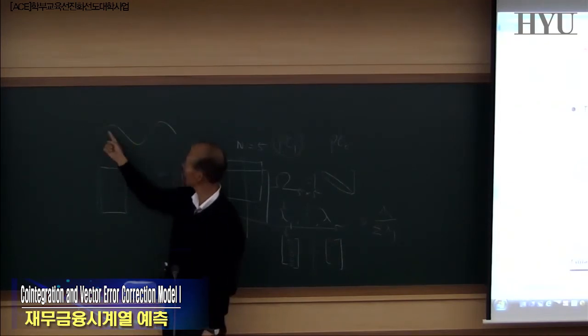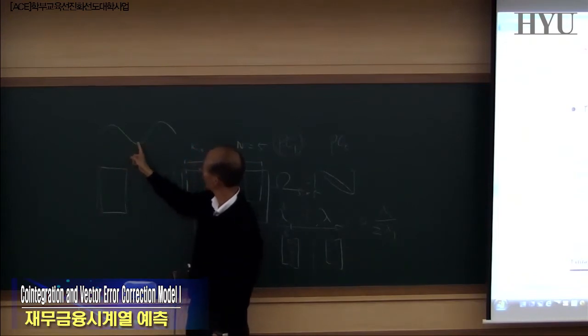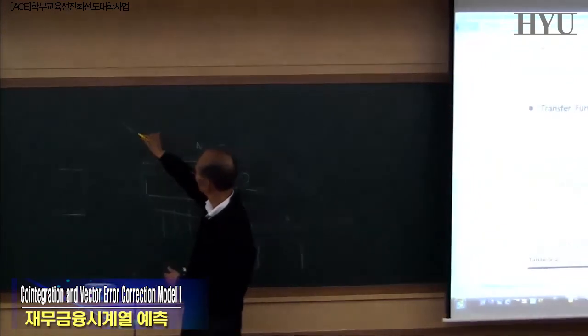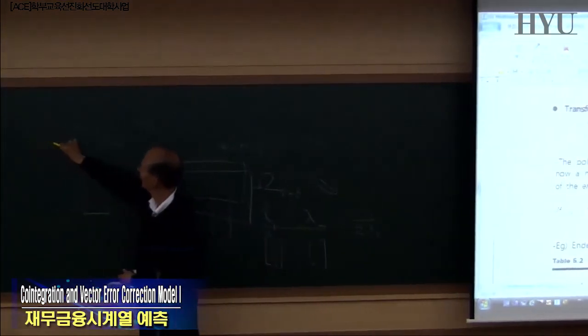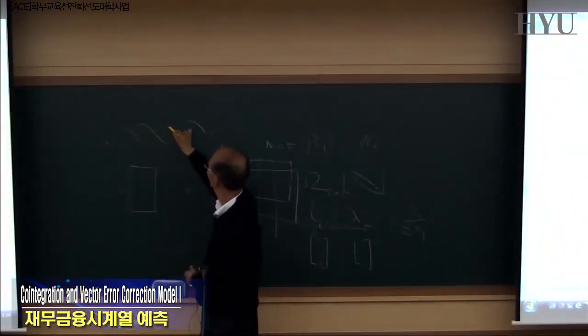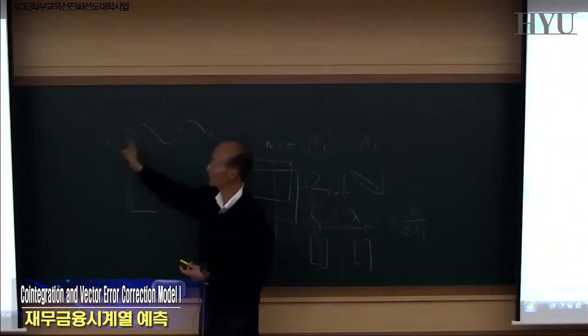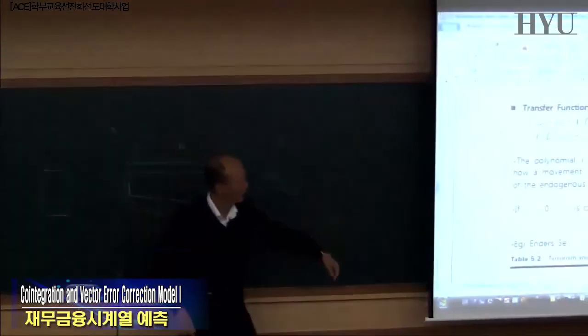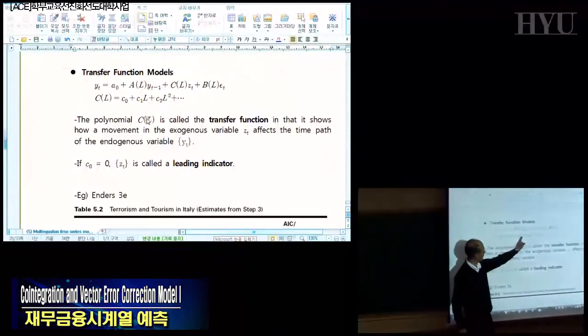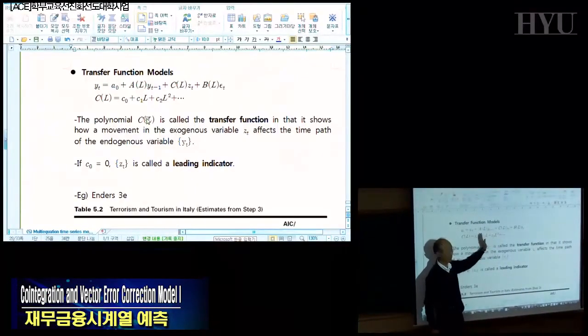And changes its direction prior to this trough, right? So if you have a candidate variable here, y and zt, then you can estimate this type of model and check whether some of them are 0.